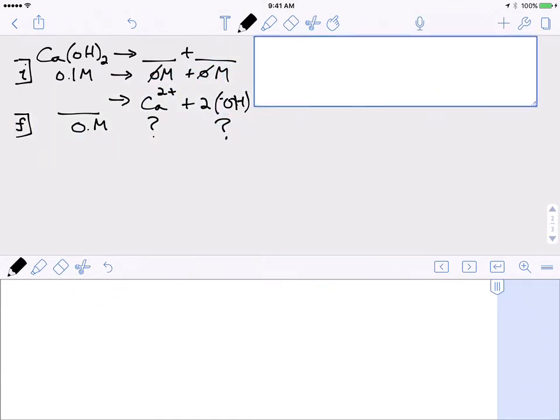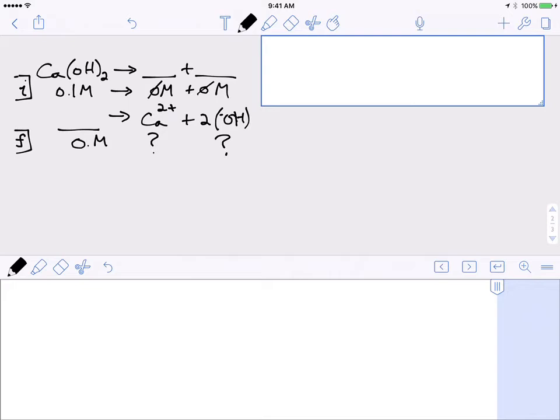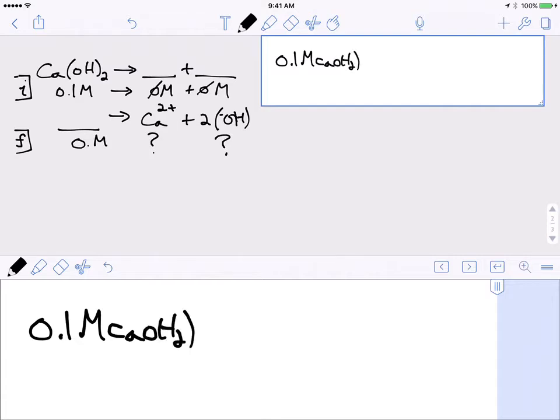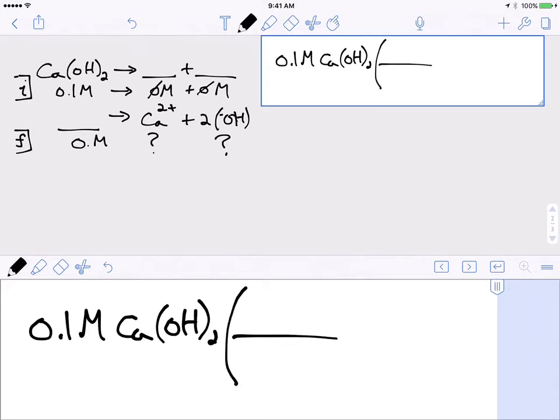Well, we did stoichiometry. We can do that. Given 0.1 moles per liter of CaOH2, times my molar ratio.